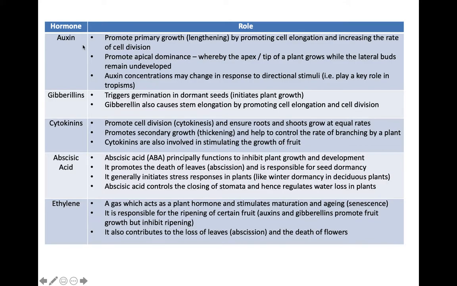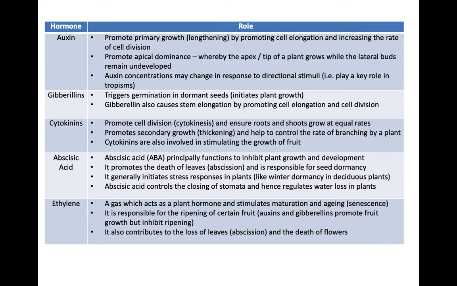Auxin is the main hormone you definitely need to know, and it promotes primary growth, lengthening by promoting cell elongation and increasing the rate of cell division. And remember, it does this by pumping hydrogen ions into the cell walls, which loosens up the cellulose and allows the membranes to be more flexible, and allows elongation.